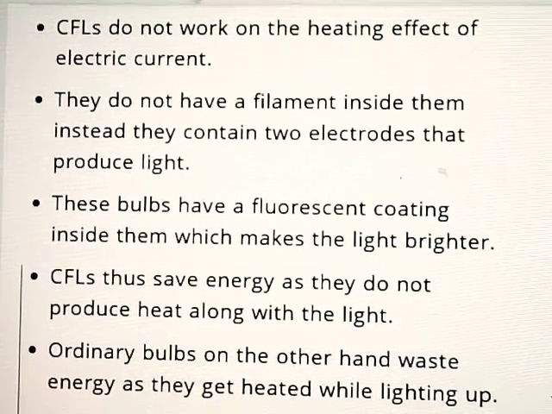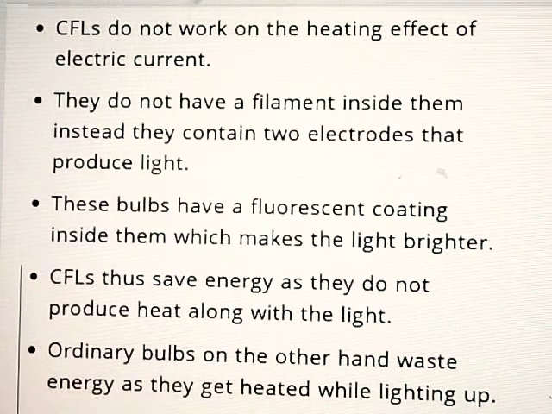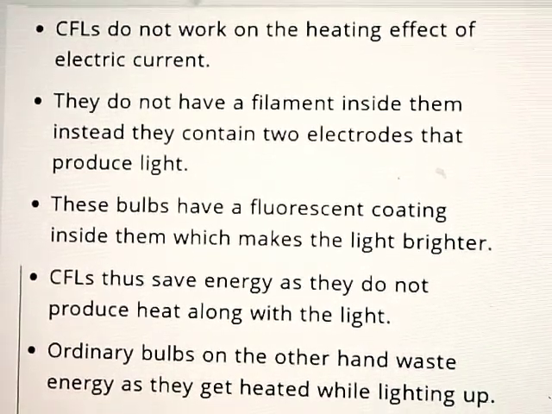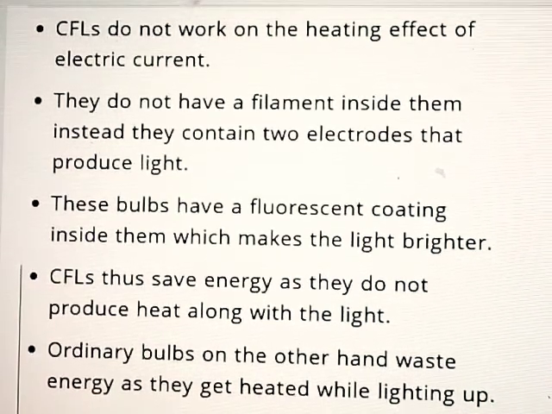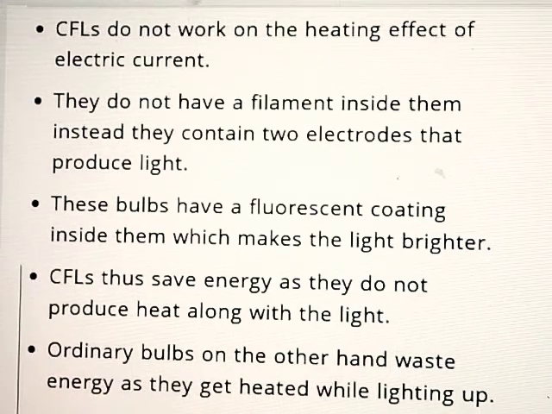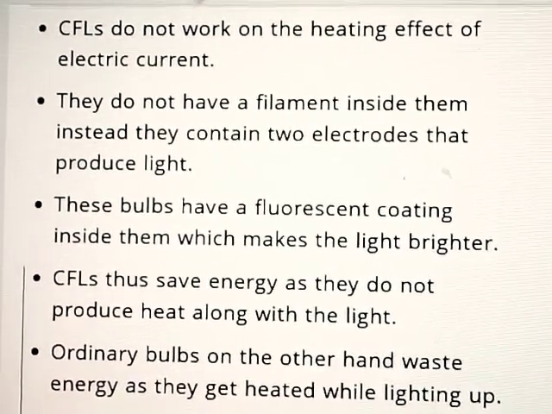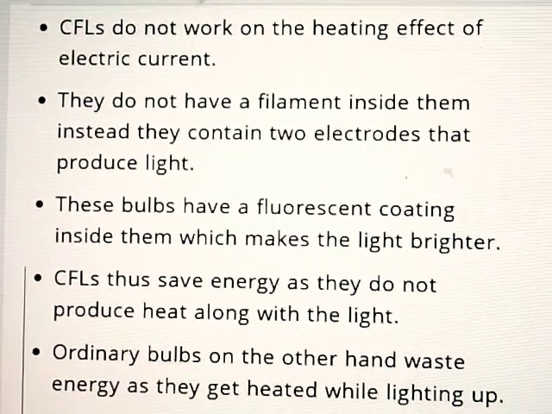These bulbs have a fluorescent coating inside them, which makes the light brighter. CFLs thus save energy as they do not produce heat along with the light. Ordinary bulbs, on the other hand, waste energy as they get heated while lighting up.